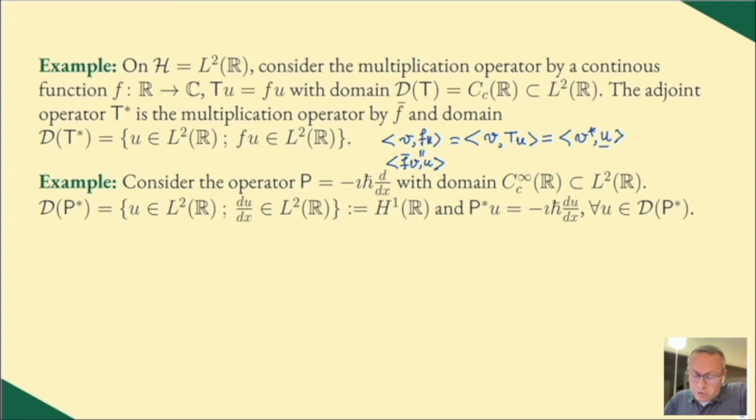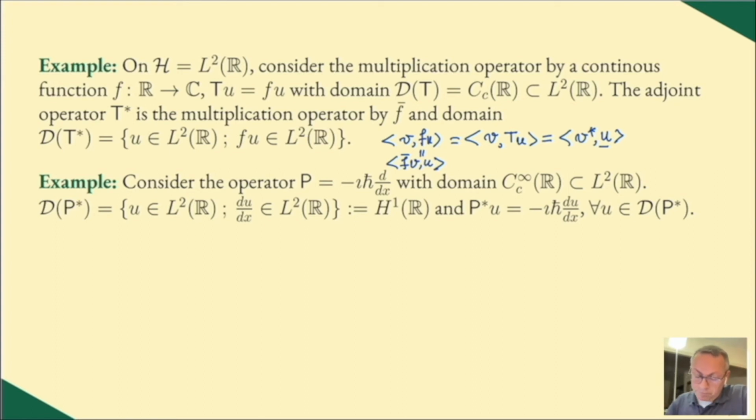The second example is on the momentum operator that we've met already. We consider this operator, so it's one-dimensional, so its domain would be the space of smooth functions with compact support, so it's dense in L2, so we have a densely defined operator.